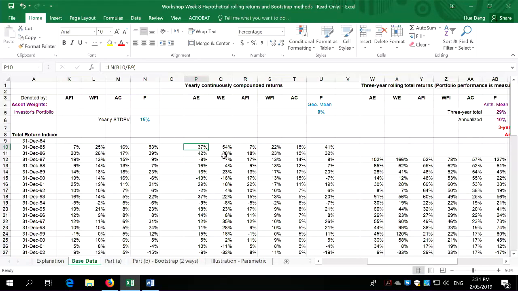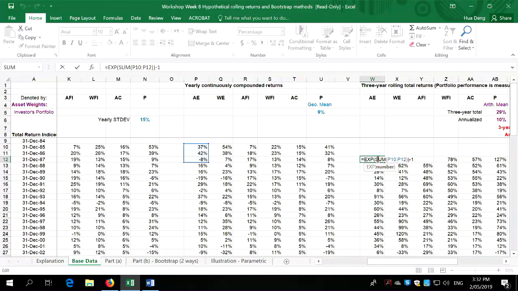With the continuously compounding returns, the 3-year total return will be simply the sum over 3 years of the continuously compounding returns. Of course, the sum of continuously compounding returns is not the realized return over the review window, the 3 years.